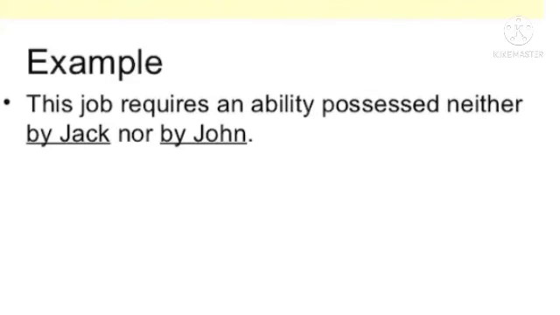So we can see there are five pairs of correlative conjunctions commonly used in English, and they are either or, neither nor, not only but also, whether or, both and.